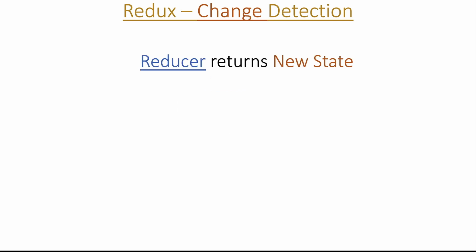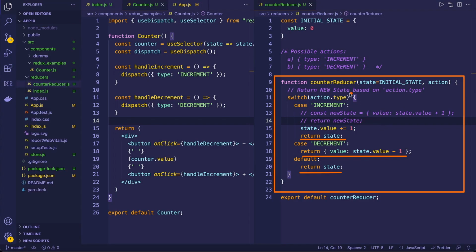So the reducer returns new state. As you can see, the job of the reducer is to take in the current state and an action, and it has to return the new state. That's why we have all these return statements for each of these cases over here.